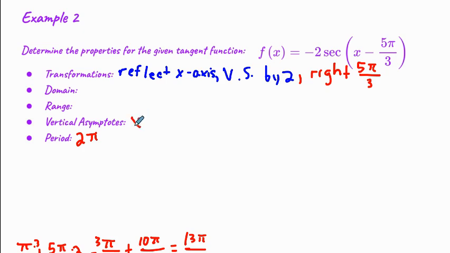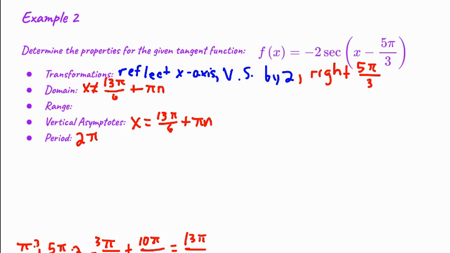So our vertical asymptote will be x equals 13 pi over 6. And then we're adding half of our period value. That'll just be pi n. And that gives us our domain as well. X does not equal 13 pi over 6 plus pi n.